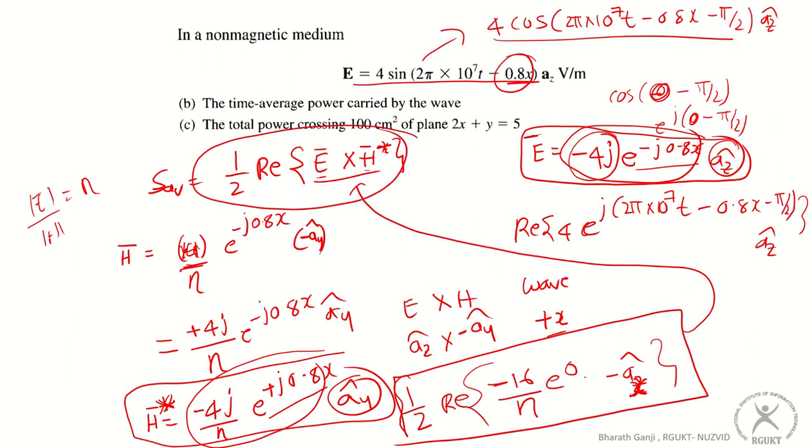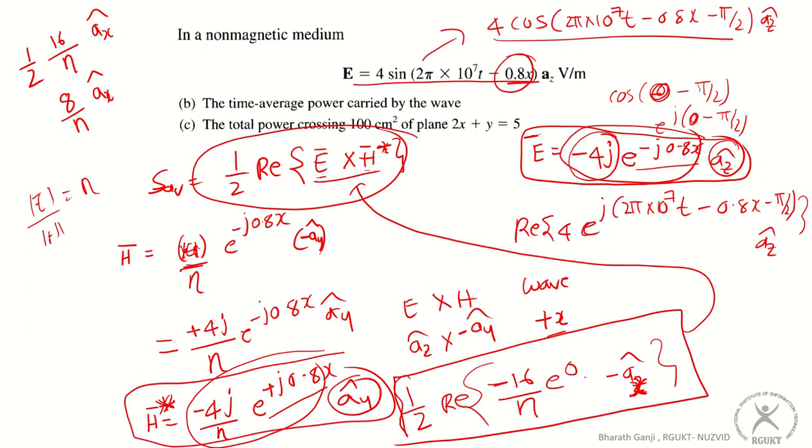So the average power here is nothing but half times the real part. Everything is a real number here. Minus of minus gives you a plus. It is 16 divided by eta ax cap, or it is 8 divided by eta ax cap, right? So this is your power.